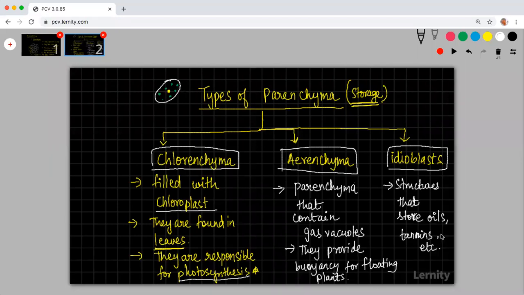Gum and those kinds of substances will be stored in idioblasts. They can store pigments, latex, all those things.